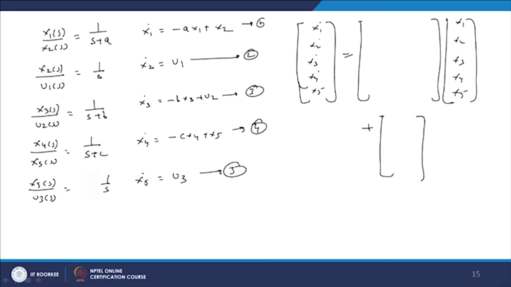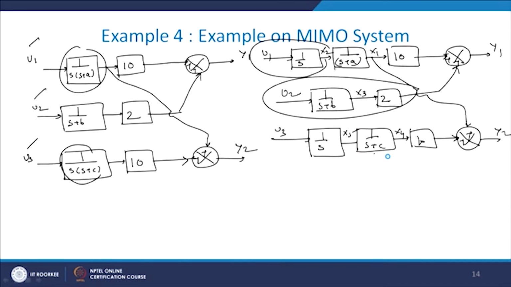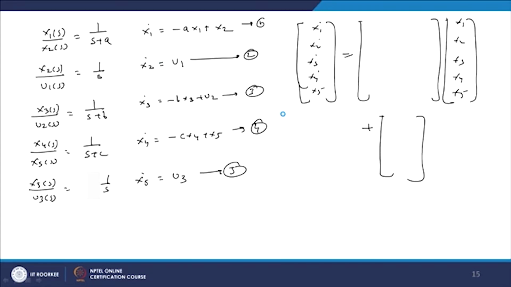You see here there are 3 inputs, u1, u2, u3, and outputs are y1, y2. So we can say the inputs are u1, u2, u3, and we represent the output as y1, y2. So u1, u2, u3 correspond to input, and y1 and y2 correspond to output.